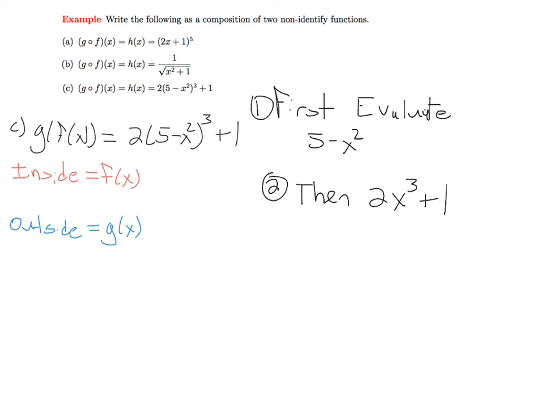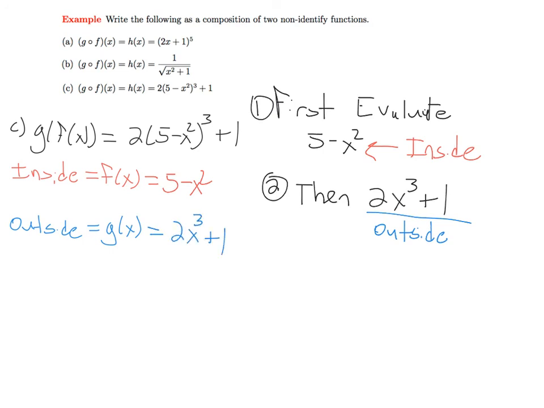So this over here could be our inside function, and the second thing that we do would be our outside function. So f would be 5 minus x squared if we do things this way, and then g would be 2x cubed plus 1.